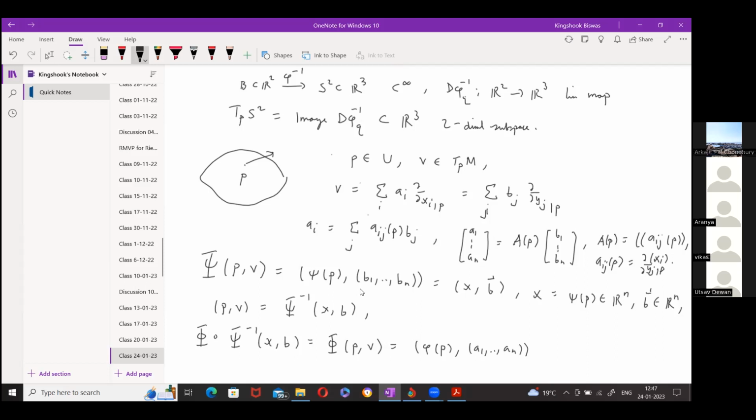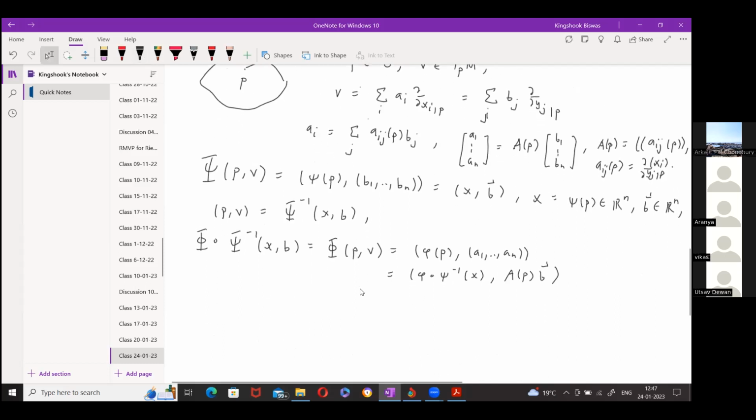I can write this further as phi composed psi inverse of x, and a1 to an, which becomes the matrix A of p times the vector b. Is this clear?